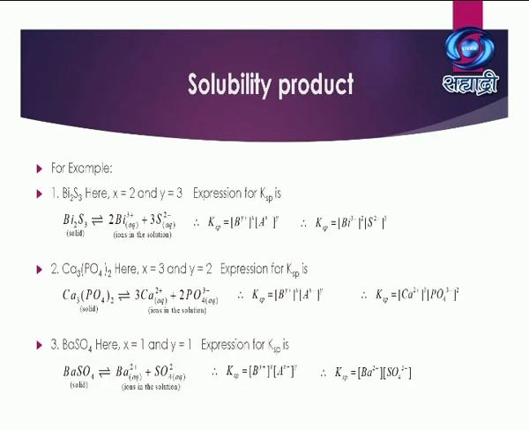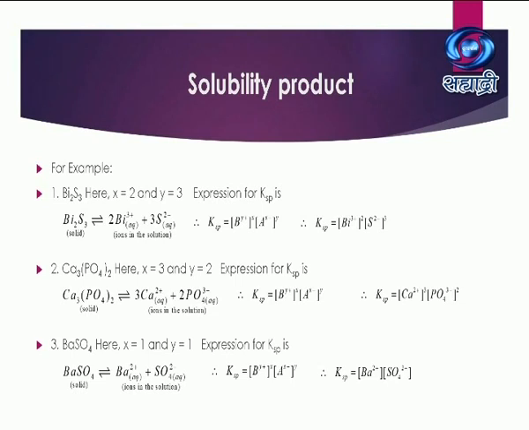Let's consider some of the examples. First example is Bi2S3. This is bismuth sulfide. So find out what is x and what is y. So x is equal to 2, y is equal to 3. Compare with BxAy as our general sparingly soluble salt.